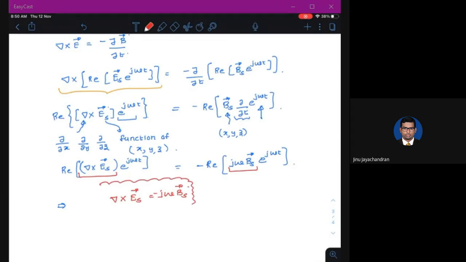Okay, and remember, Es and Bs are the phasor forms.